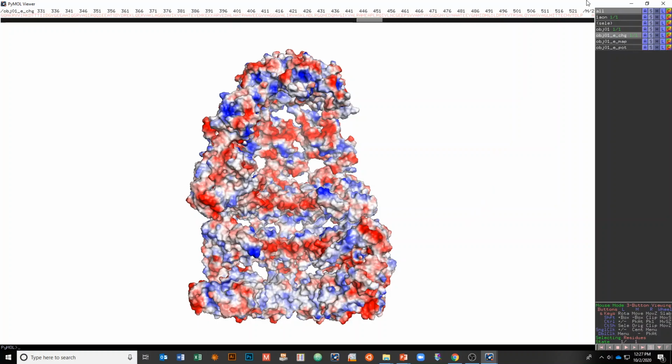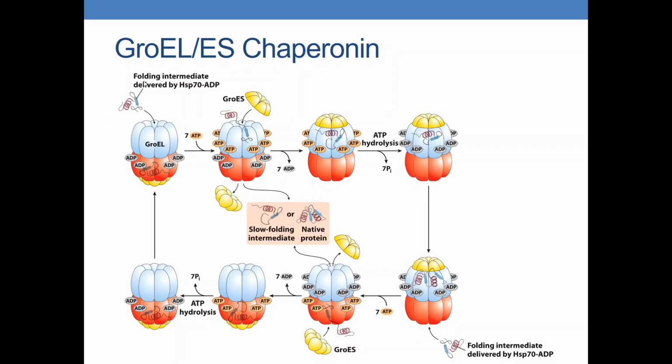This is not accidental. This is to facilitate capture of your folding intermediate, where you also have nonpolar functional groups that are solvent accessible. So this folding intermediate diffuses into that trans GROEL ring where you have that nonpolar hydrophobic surface and undergoes capture. It is basically bound via the hydrophobic interaction that occurs.